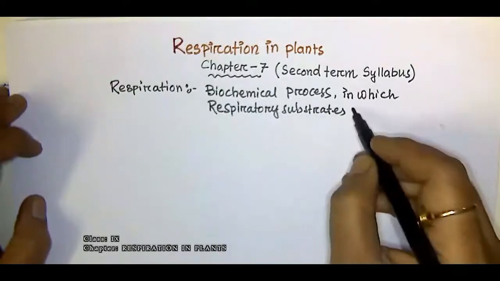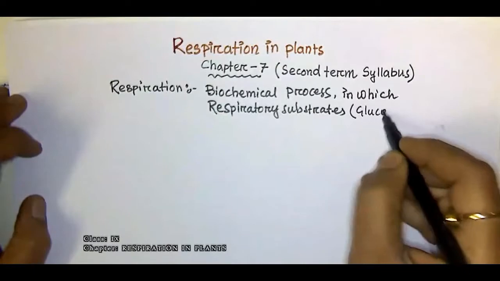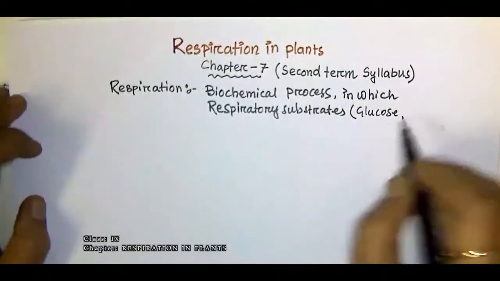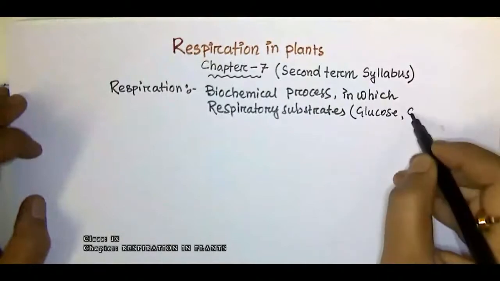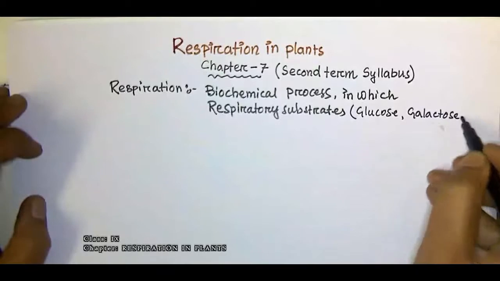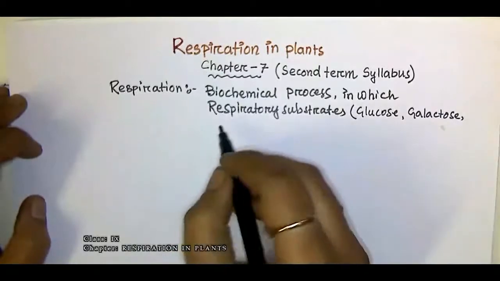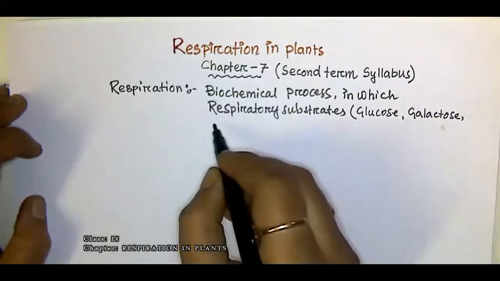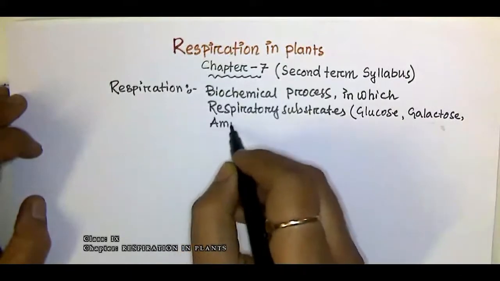Respiratory substrates could be your glucose, which is the most preferred. Even if glucose is not present, then sugars like galactose can be used. Even if these two are also absent, then we can target amino acids.